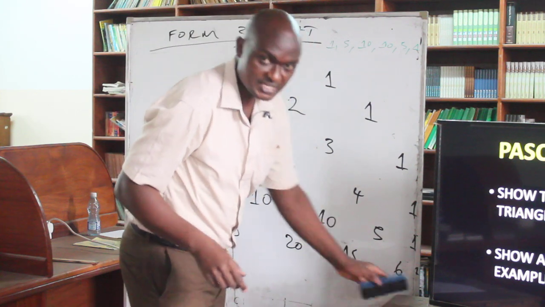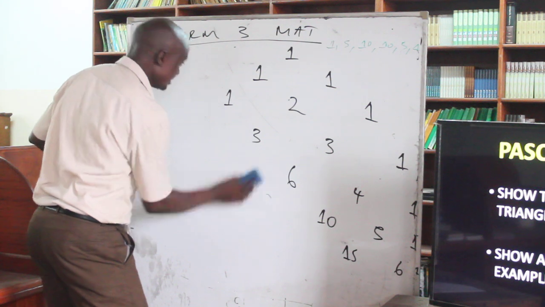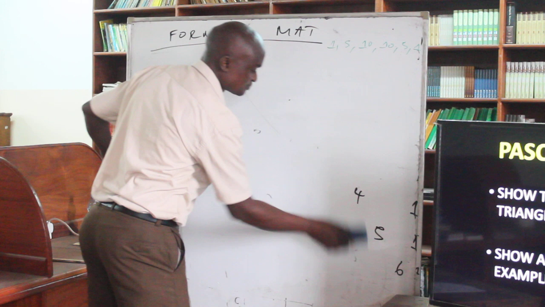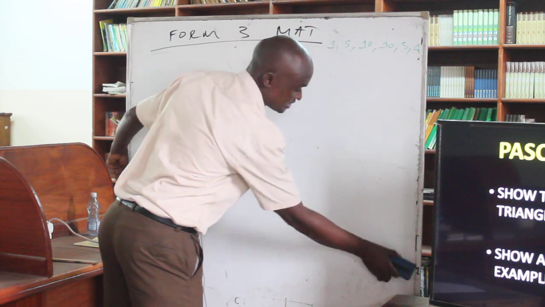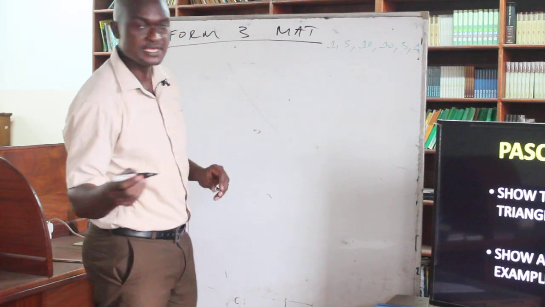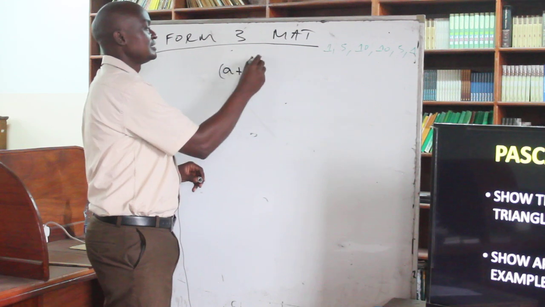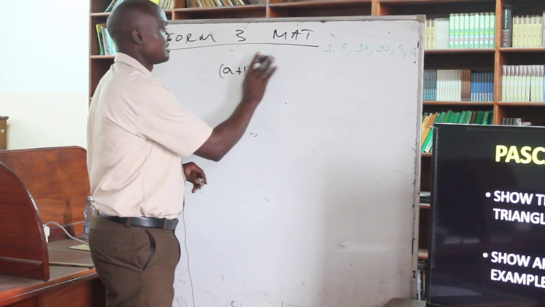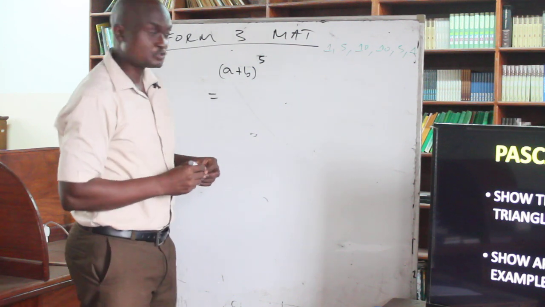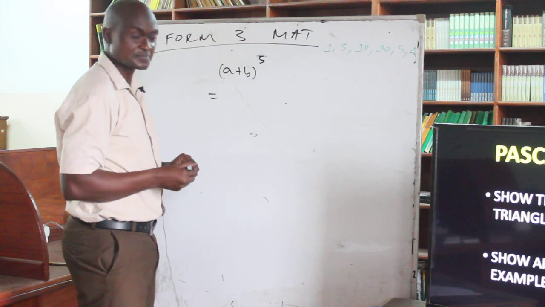So if you were given this term, you don't have to go through it the long way, the way we did in our previous lesson, to expand the term. If you are asked to expand the term a plus b raised to power 5, based on what we know about the coefficients here, we can work that one out.